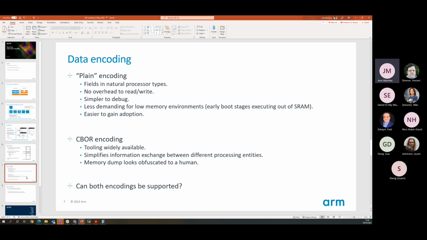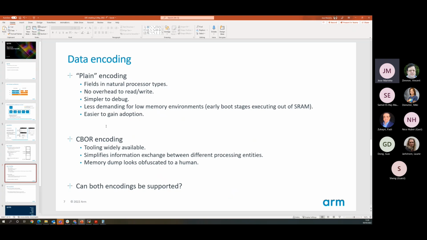But in terms of data encoding, I've already mentioned that we have the plain encoding, which is the one we usually deploy in our firmware stacks. You can think of it as regular C data structures that are packed. This plain encoding is really just about using the natural processor types.